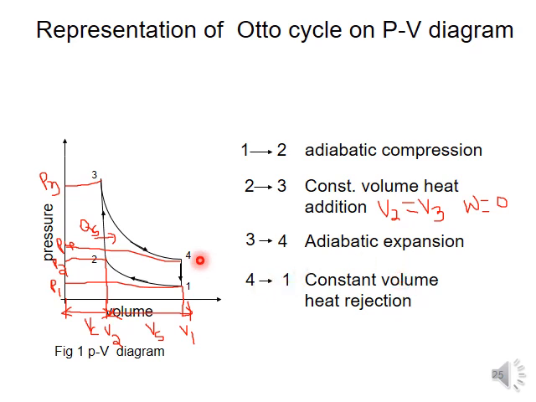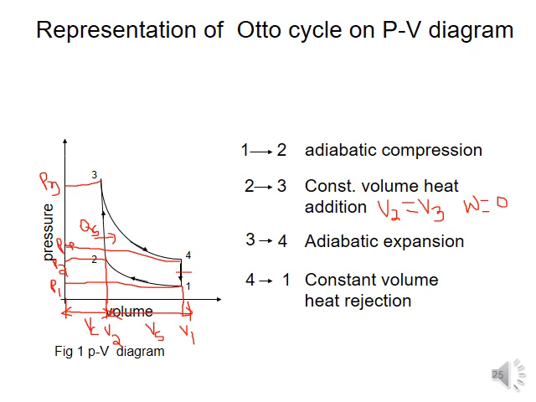Next coming to the process 4 to 1. Here it is a constant volume heat rejection process. Heat is rejected, so heat is going outside.